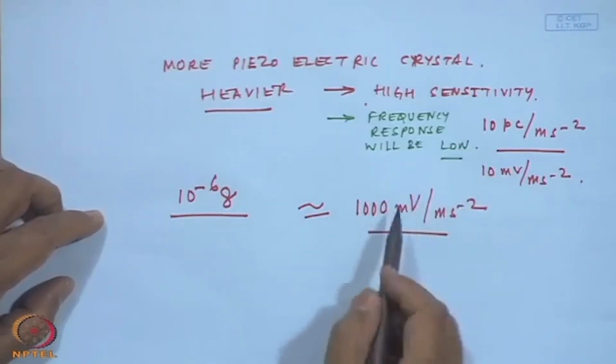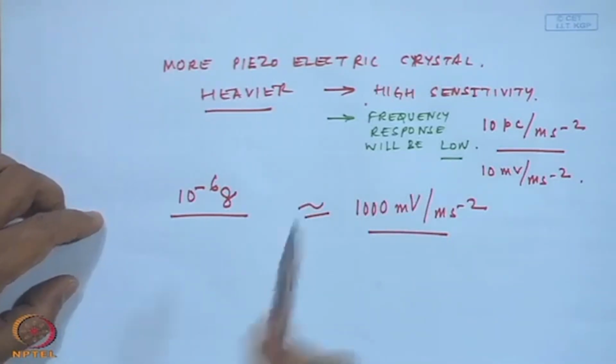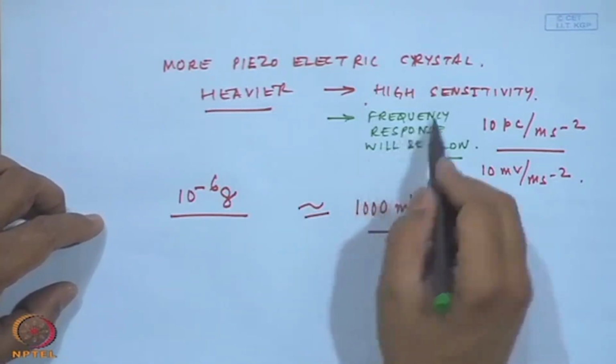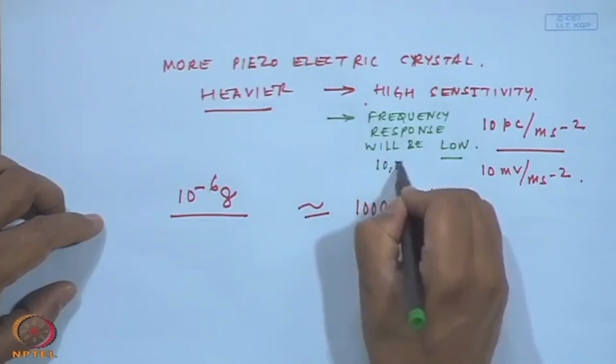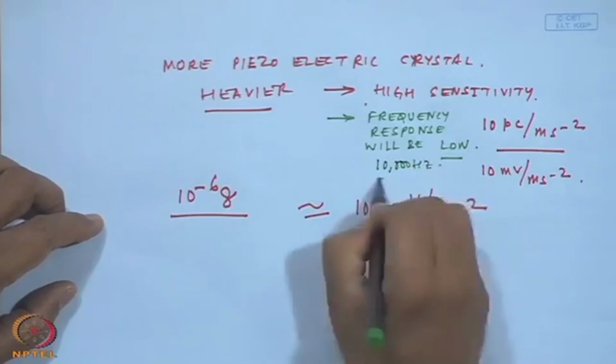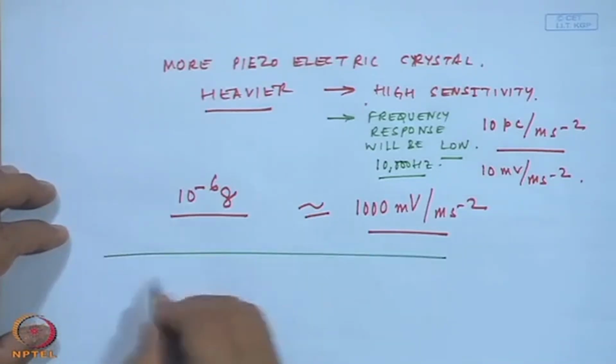So, we obviously cannot measure very high frequencies with high sensitivity accelerometers. The frequency of such heavy accelerometers could be up to maybe 10,000 hertz. Suppose I want to measure very high frequency vibrations.